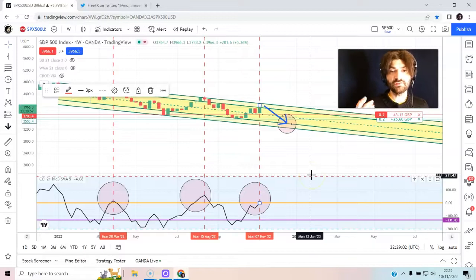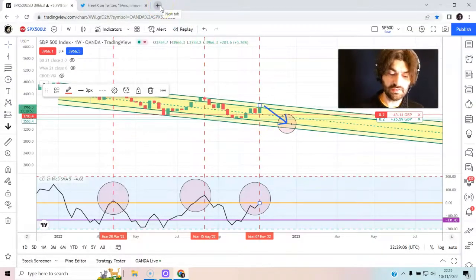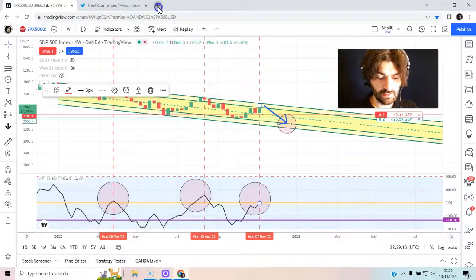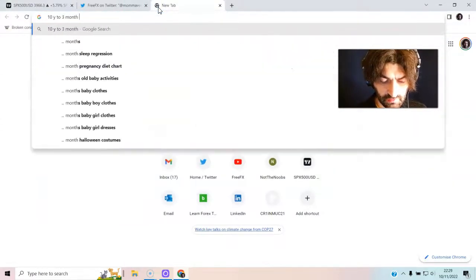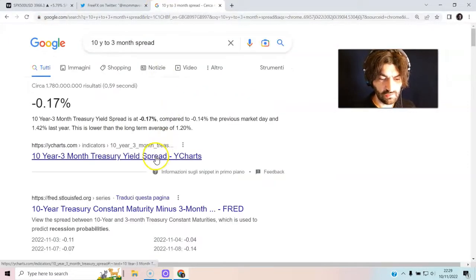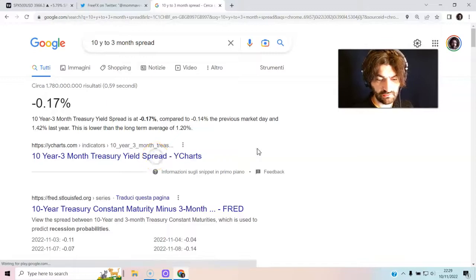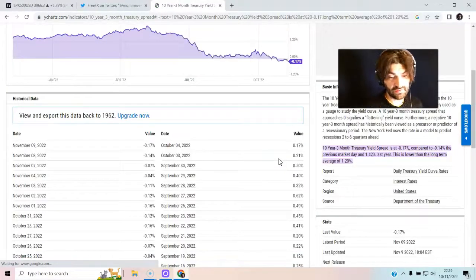The fundamentals haven't changed. What are the fundamentals? The fundamentals are that there's a recession basically, whether you like it or not. It's kind of how we are. So the 2-3 month spread, that's what economists look at, and this is telling us that we have, technically speaking, a recession.